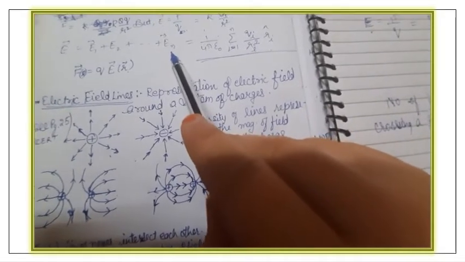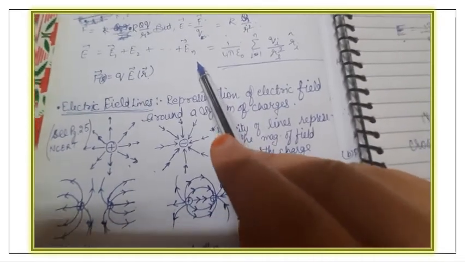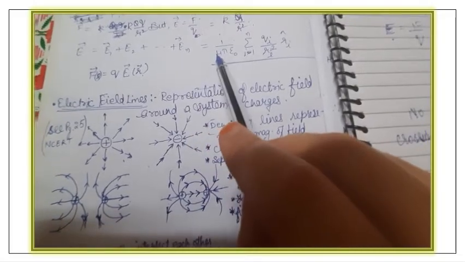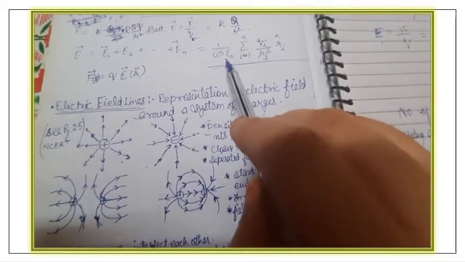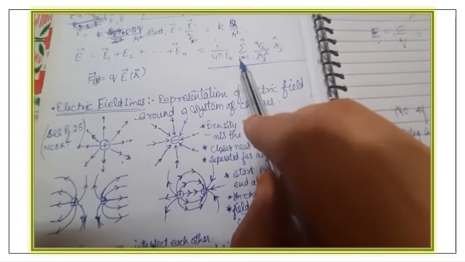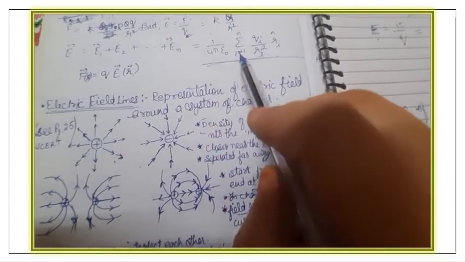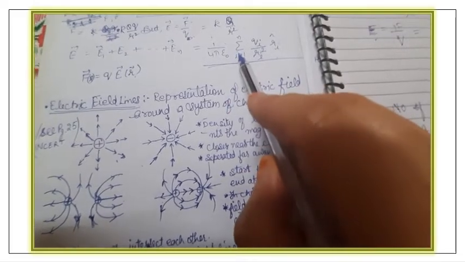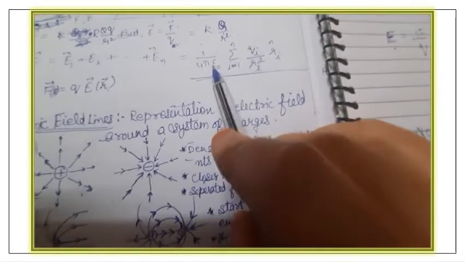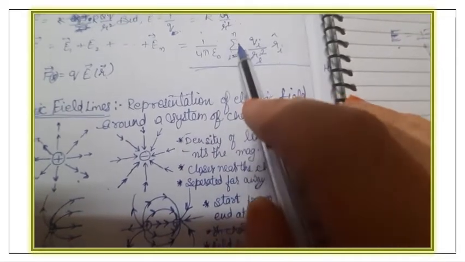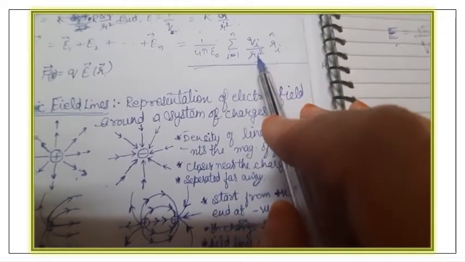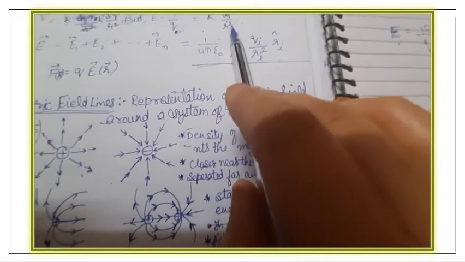This is the principle of superposition. So in order to find the total electric field, we have to take the vector sum, and 1 upon 4 pi epsilon, which is a constant, is always common. So while adding, we take it out from all the terms and we have the constant times the summation of the term q by r square, like in the original expression.